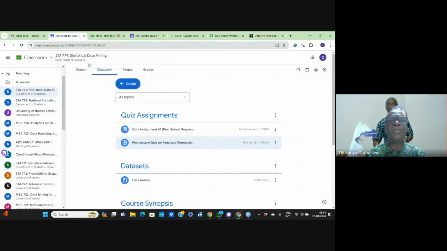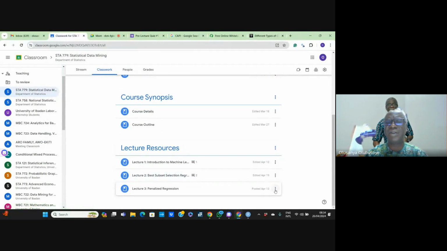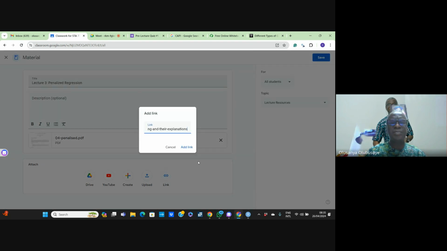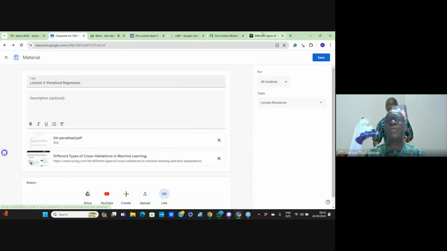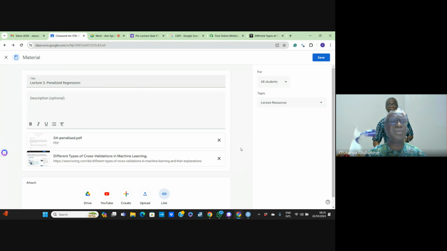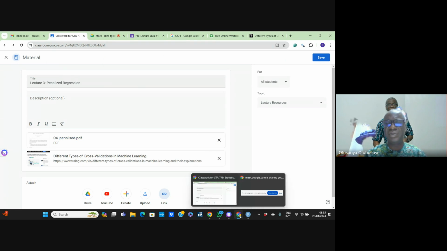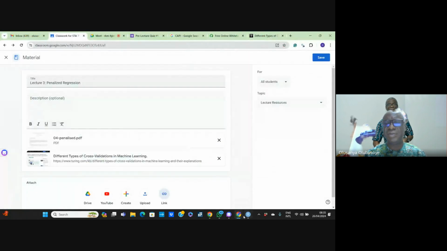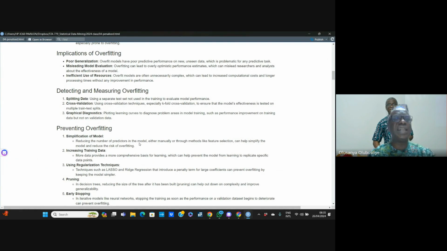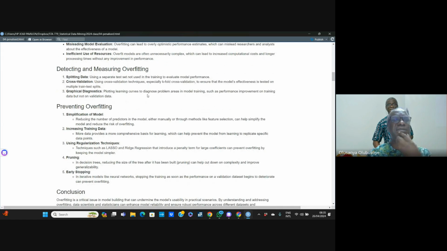Let me add it to our classroom. So these are techniques for detecting and measuring overfitting.